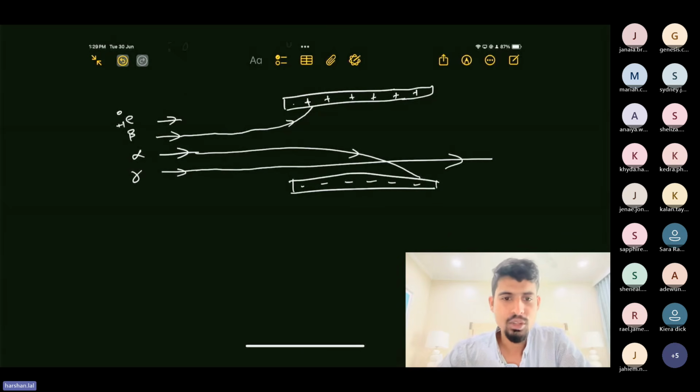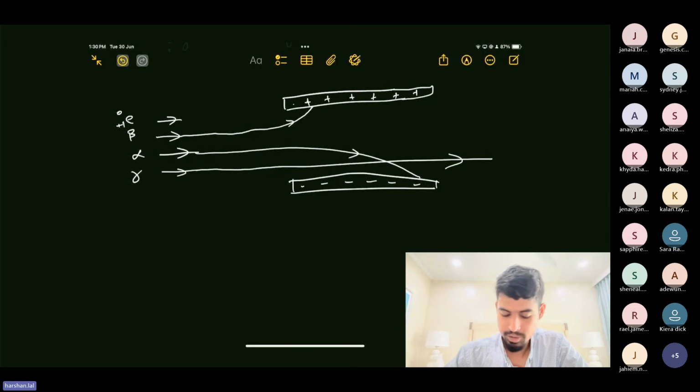If we have a positron, as we saw, it is just an electron, but with a positive charge. Otherwise, all the other properties are the same. So how would the positron be deflected in this field? The negative plate. Right, it will be deflected towards the negative plate.